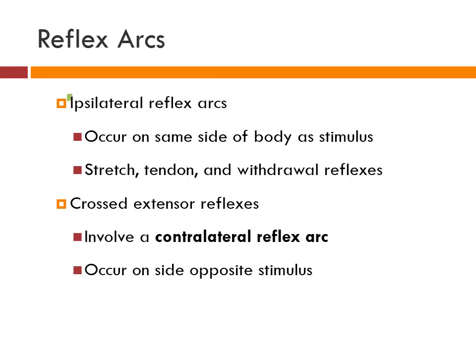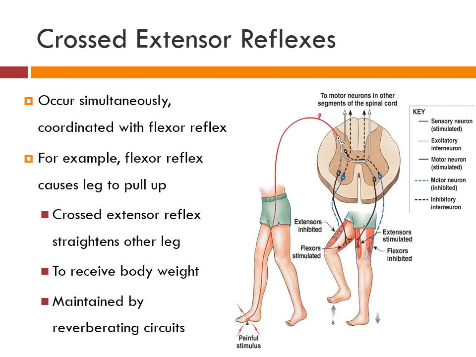Ipsilateral reflex arcs occur on one side of the body. So the stimulus is on one side, and the response is on one side. And then we have the crossed extensor reflex, which is our most complicated reflex, and that involves a contralateral reflex arc where you're utilizing both sides of the spinal cord, both sides of the body.